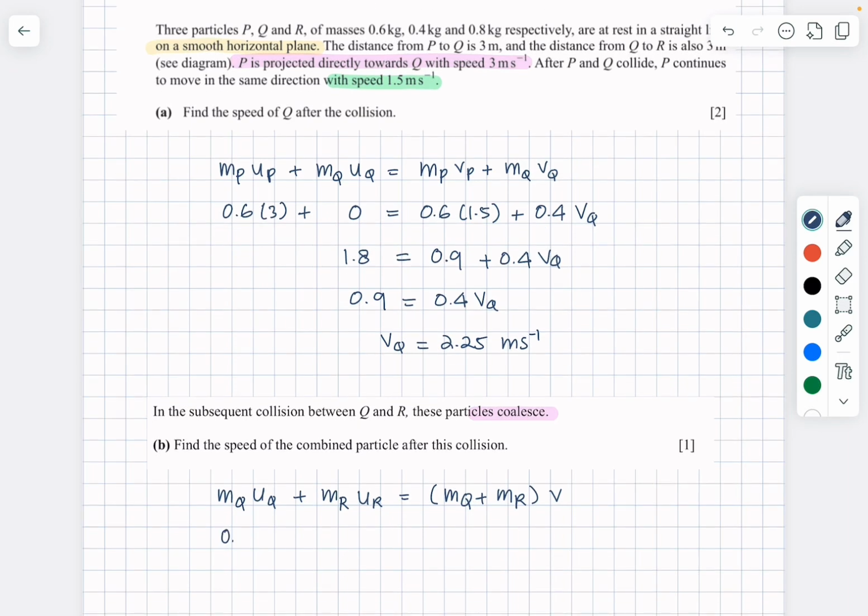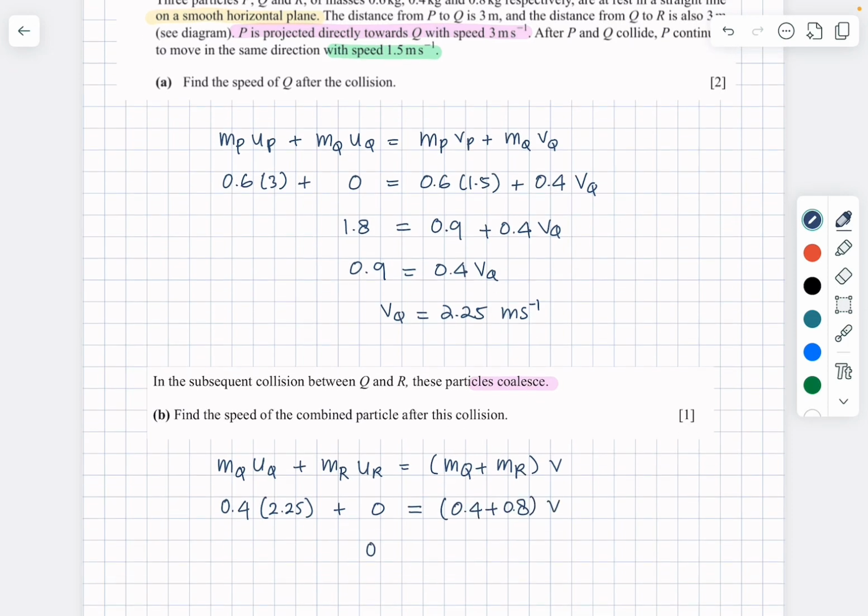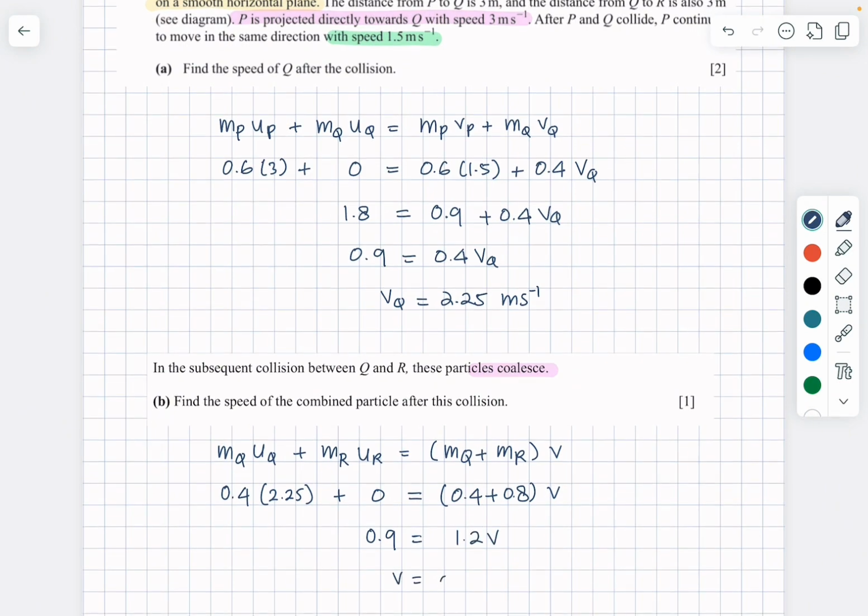The momentum of Q is 0.4 times 2.25, and the momentum of R before collision is 0. And then (0.4 plus 0.8) V. 0.9 equals 1.2V. So V is 0.75 meters per second.